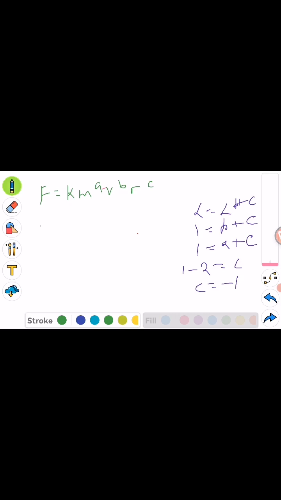So we found a to be 1, b to be 2, and c to be negative 1. Meaning this is going to be F equals k m v squared over r, and this is our equation.